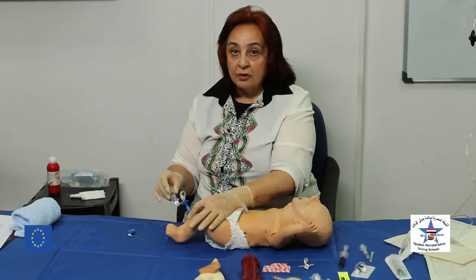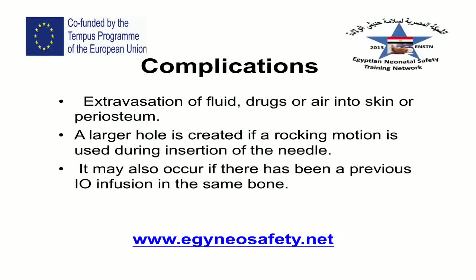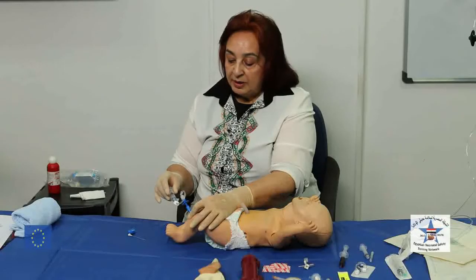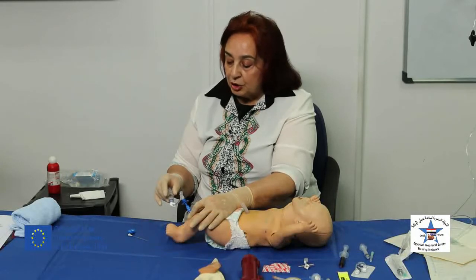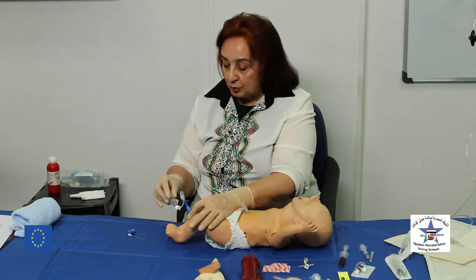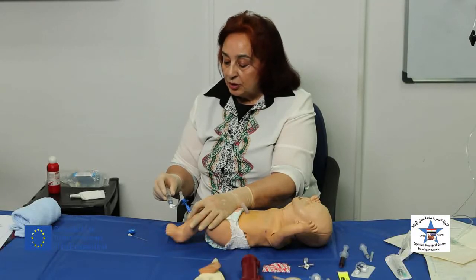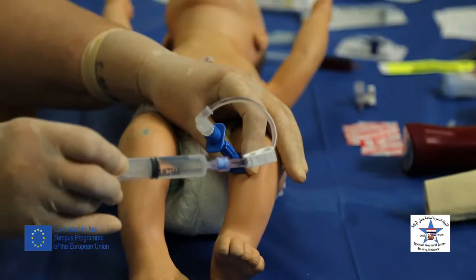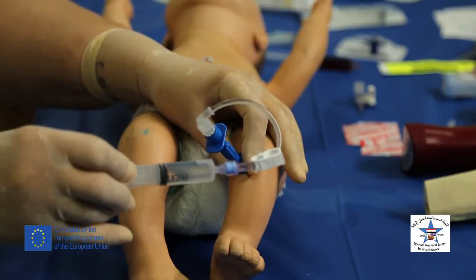The complications of intraosseous insertion may be inappropriate insertion of the needle so that it's not in the marrow space. This will lead to extravasation of the fluid in the surrounding tissue. This will be noticed during the injection of the fluid into the cannula.